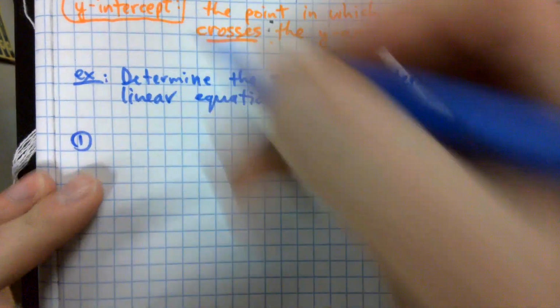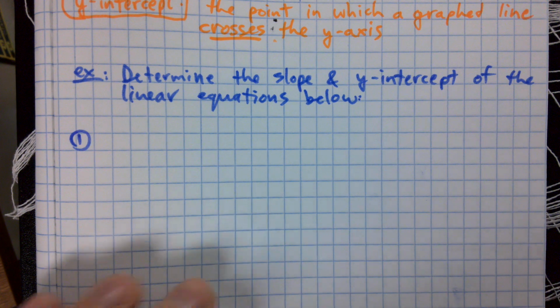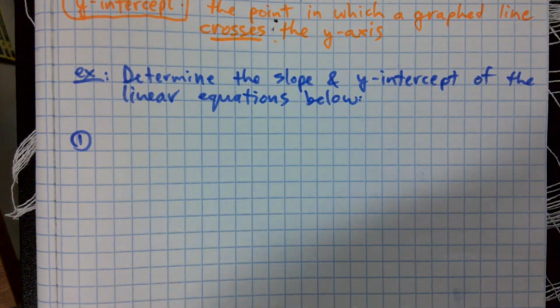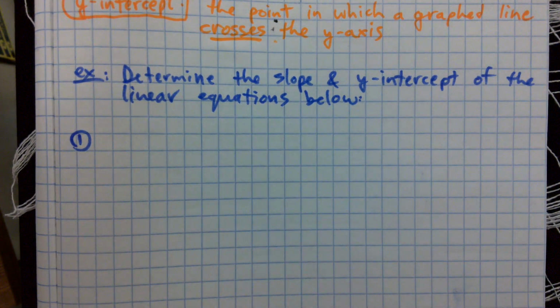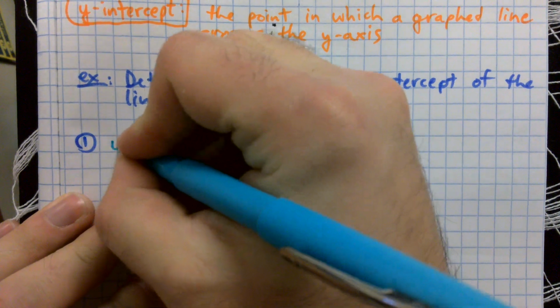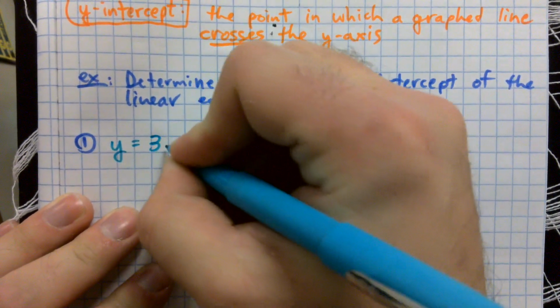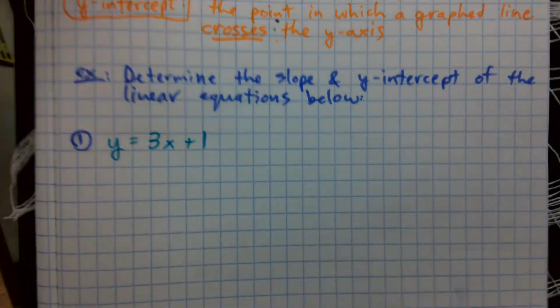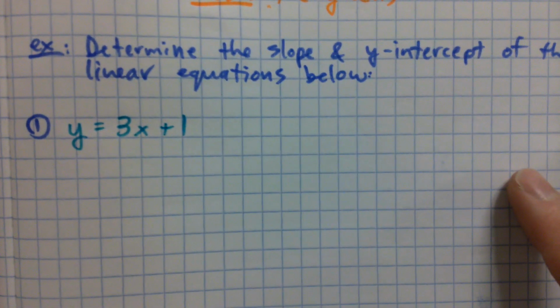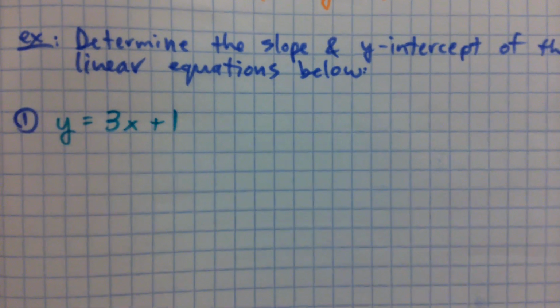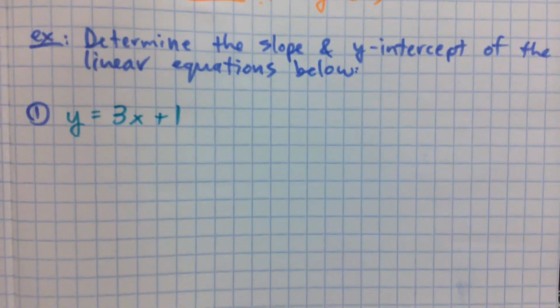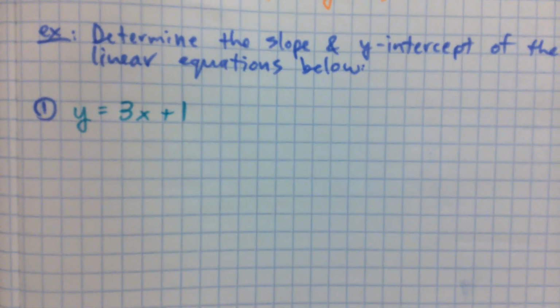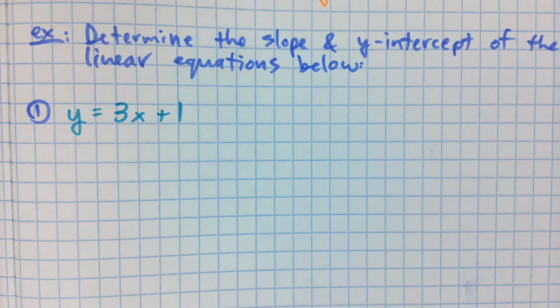So, example number 1. Let's say we have the equation y is equal to 3x plus 1. I'm going to zoom in here. y is equal to 3x plus 1.